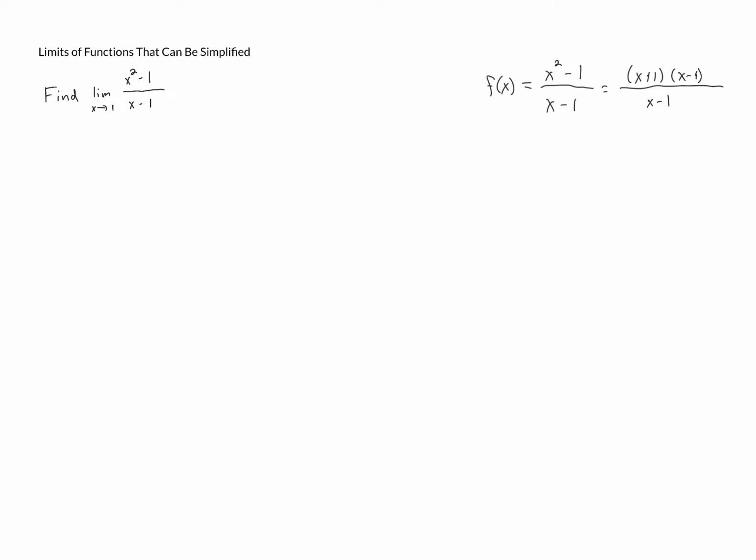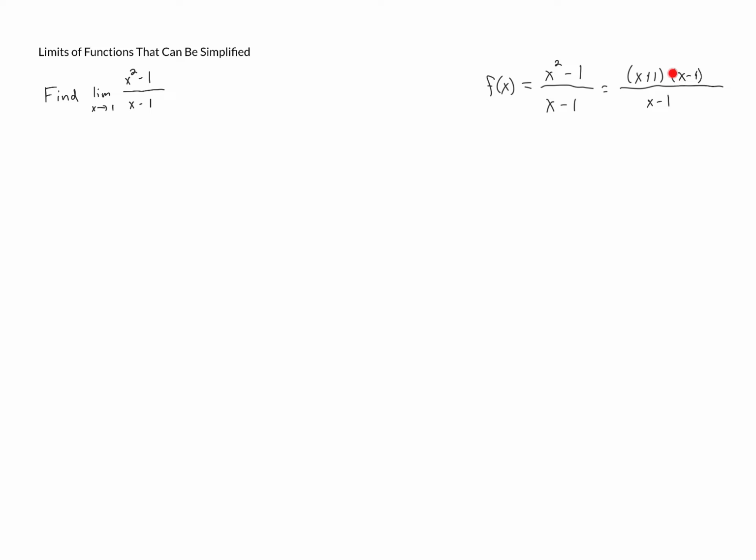Remember, when we're looking at a limit, we want to know what's happening nearby a certain place, but the actual value of the function at that number, in this case x equals 1, doesn't matter. And so in the context of looking at the limit as x approaches 1, we are considering x values that are near 1 but not equal to 1, specifically not equal to 1.